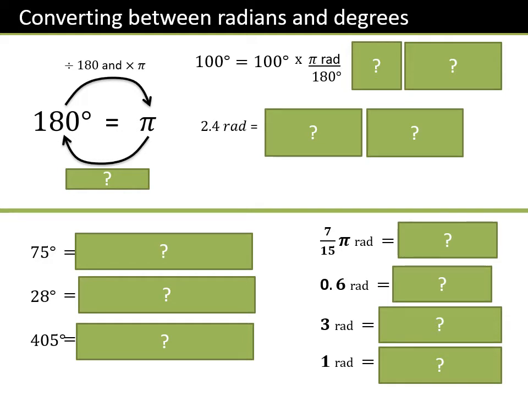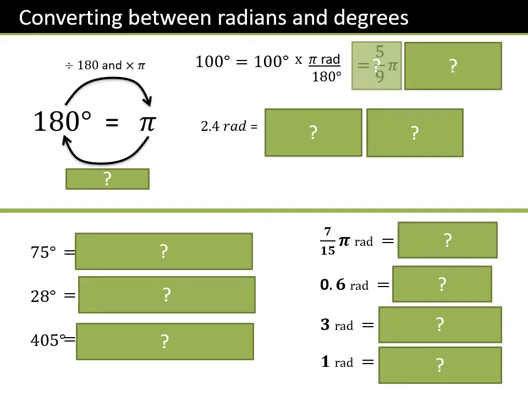So I've got pi radians divided by 180 degrees. You can see here that this is equal to 1 because pi radians and 180 degrees are the same. We're converting from degrees to radians, so we're dividing by 180 to get rid of the degrees, and then we're multiplying by pi to bring in the radians. So that's how I remember that.